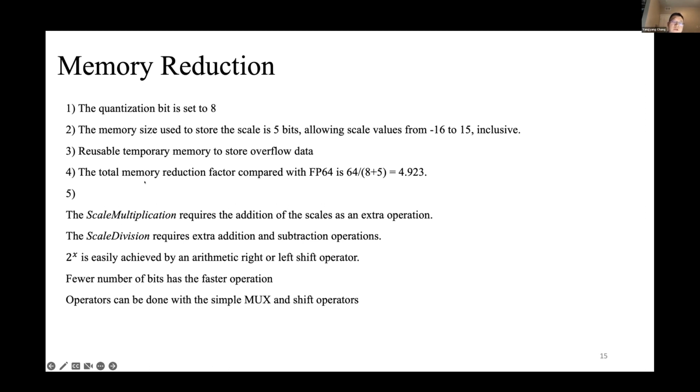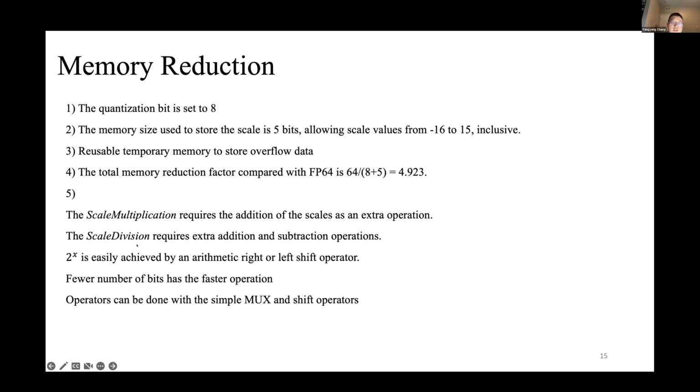And finally, if we do the calculation for the total memory reduction factor, compared with 64 bits, we get 64 over 8 plus 5, because we have 8 bits here and 5 bits to store the scale. We can get 4.923 for the memory reduction. And for the operations, for scale multiplication, we require additional scale addition.